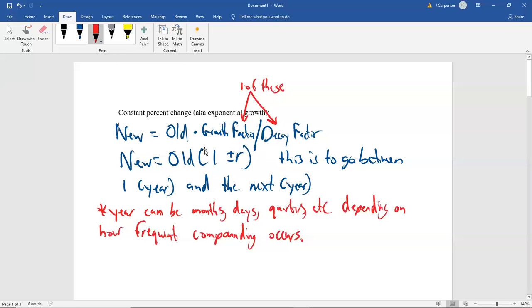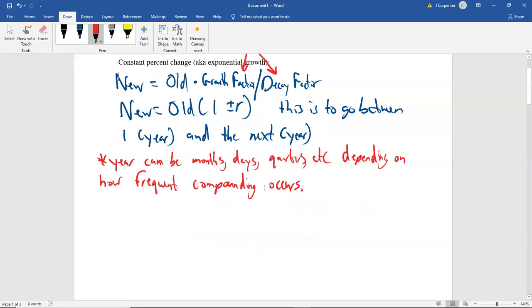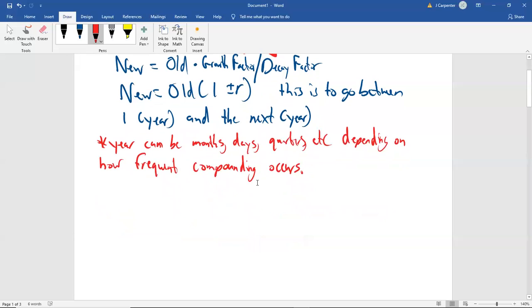All right, so new equals old times 1 plus or minus r. We showed in my regular class how if you wanted to do this over multiple years, every year you just get another factor of 1 plus r, and you'll have as many of those as the years, or months or days as we'll do later, go by. So that's how that exponent got involved.